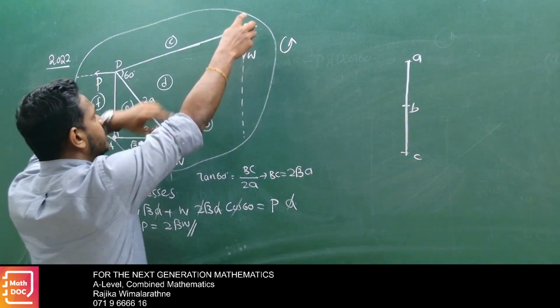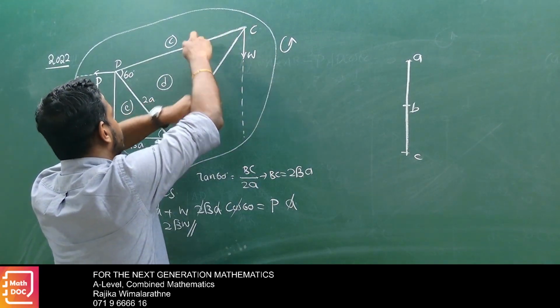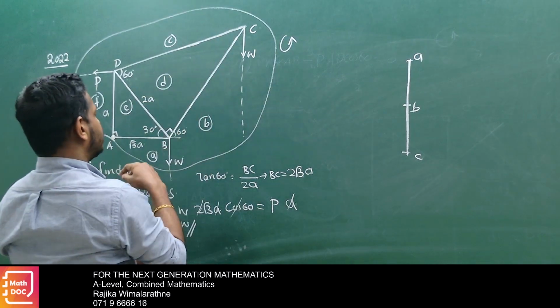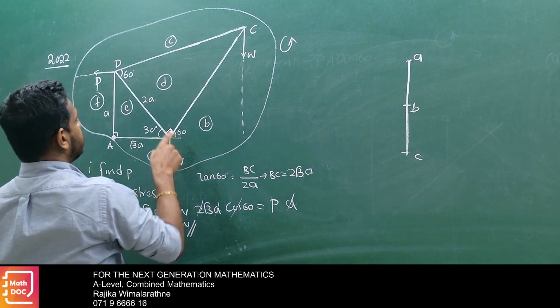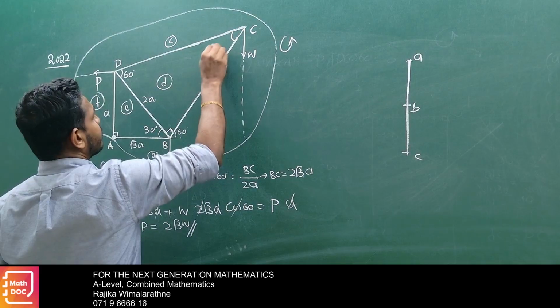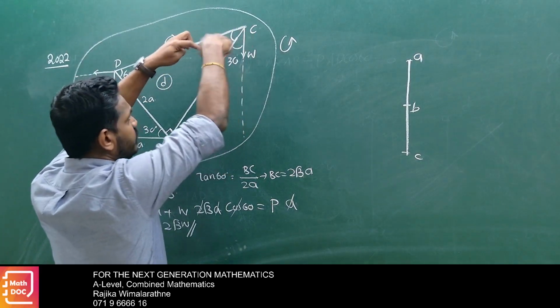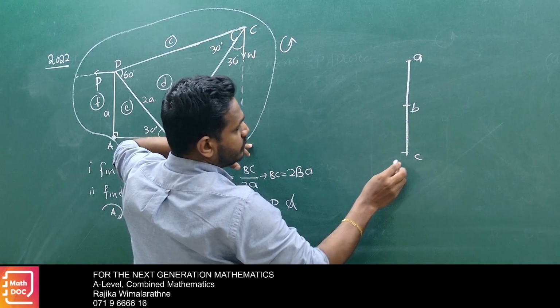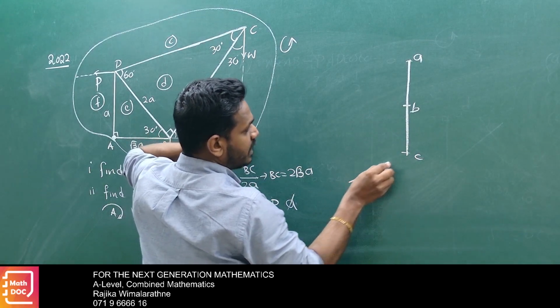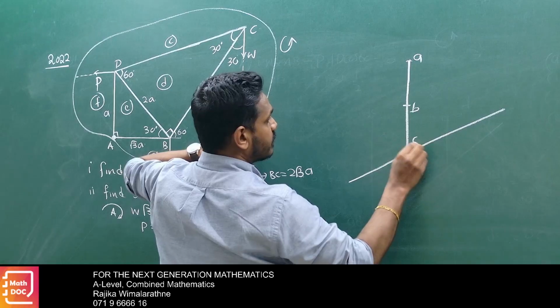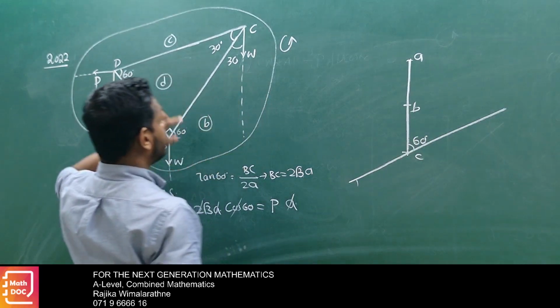Then you go to here, CD, find this angle, here 60, no, here angle 30. Then CD to the vertical 60, then D on this line. Remember D on this line.